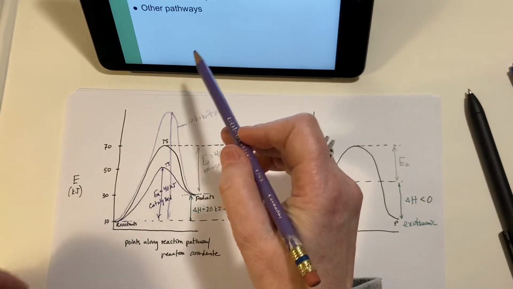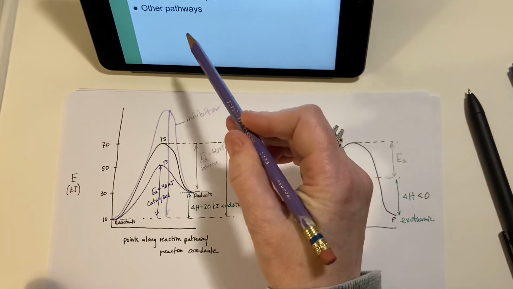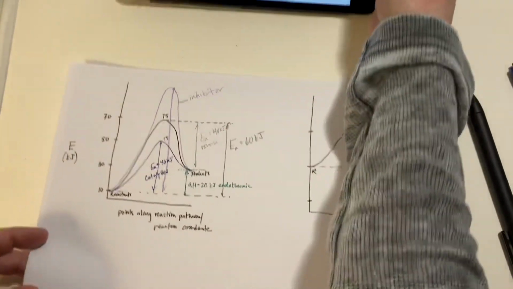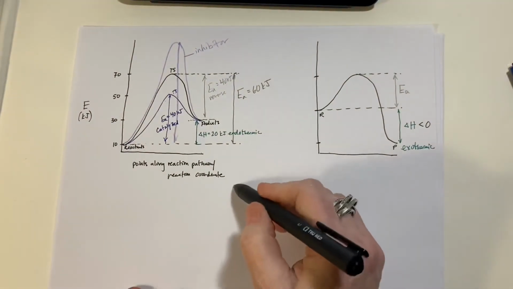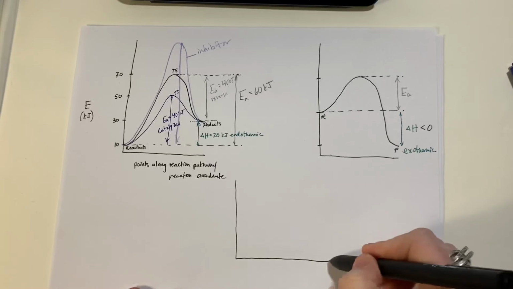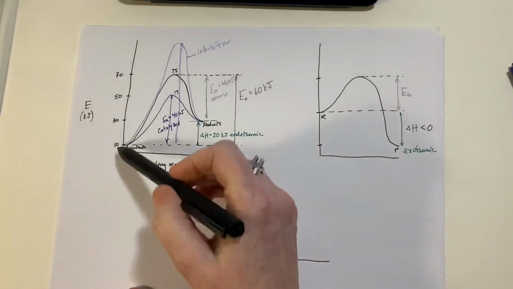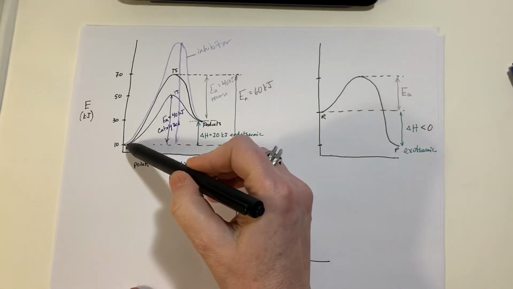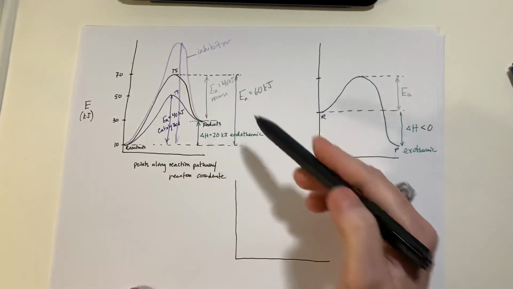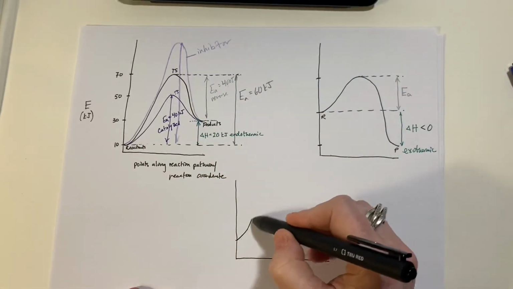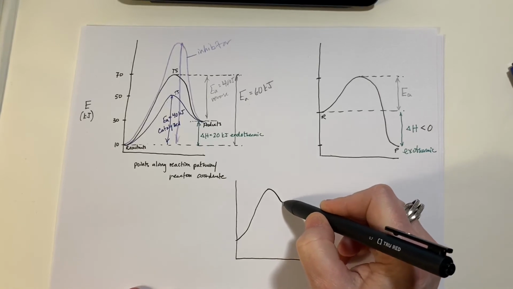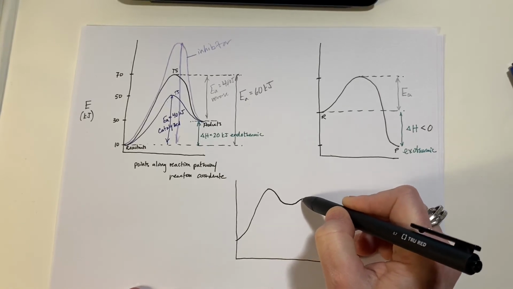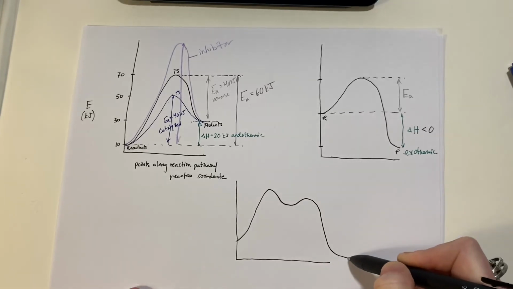Now there are some other pathways besides catalyzed and inhibited pathways we could draw in, because essentially I've drawn a very simplistic diagram. We can realize that there are a lot of reactions that, instead of just going from a reactant to a transition state to a product, sometimes go from a reactant to a transition state, and then before it gets to products, it forms something else, and then another transition state, and then maybe products.